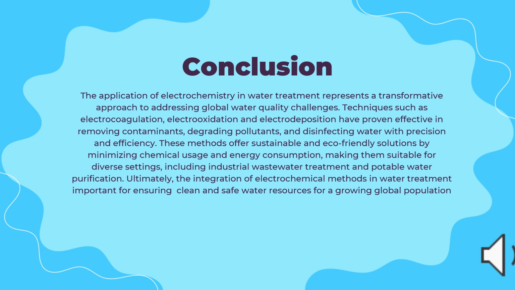These methods offer sustainable and eco-friendly solutions by minimizing chemical usage and energy consumption, making them suitable for diverse settings, including industrial wastewater treatment and potable water purification. Ultimately, the integration of electrochemical methods in water treatment is important for ensuring clean and safe water resources for a growing global population. That's the end of our presentation.